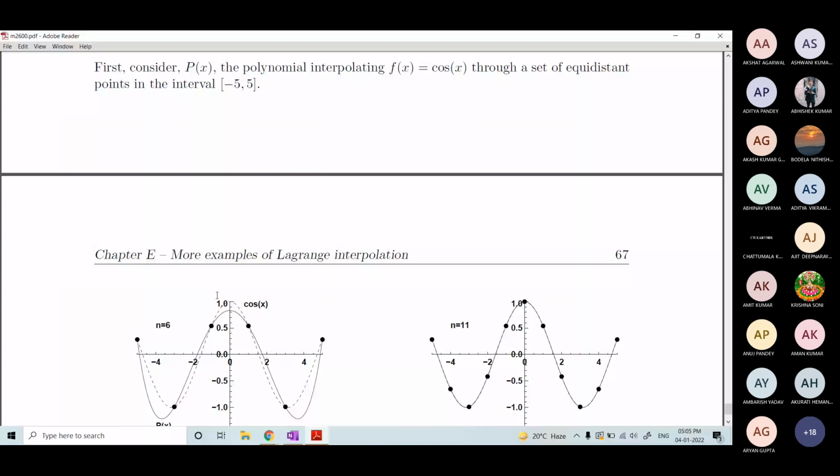Suppose there are 500 data points. If you apply Newton's forward difference formula, Newton's backward difference formula, or Lagrange's interpolation formula, whichever is appropriate, you may end up with a 499th degree polynomial passing through all 500 data points.